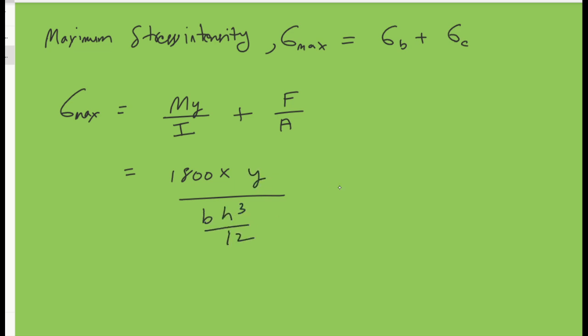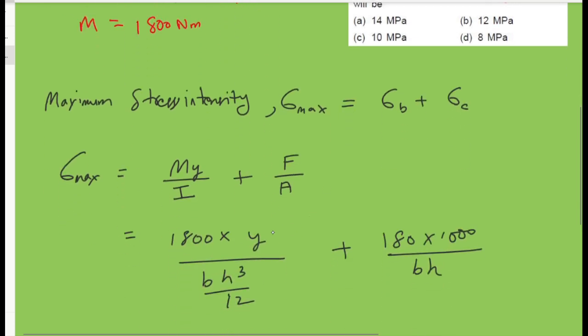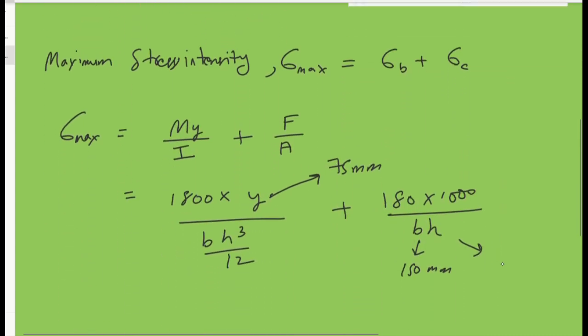The area is given as b into h. So first we will write y: y is 75 mm, b is 150 mm, and h is 120 mm.